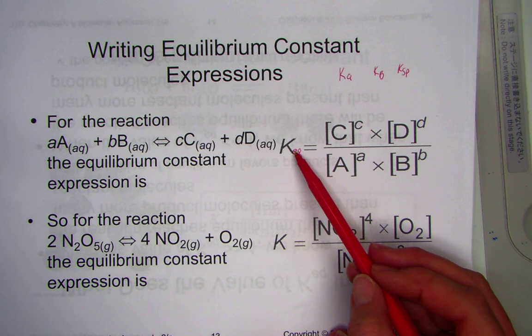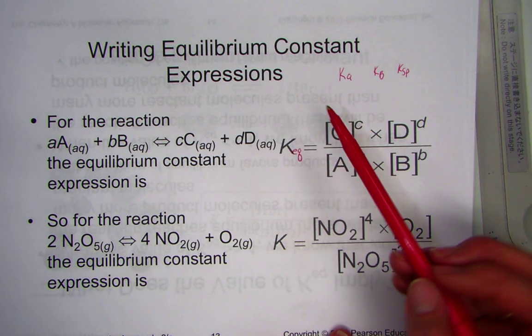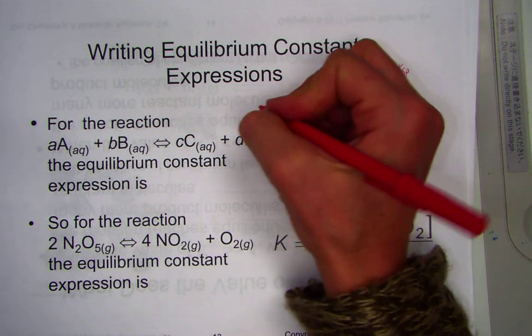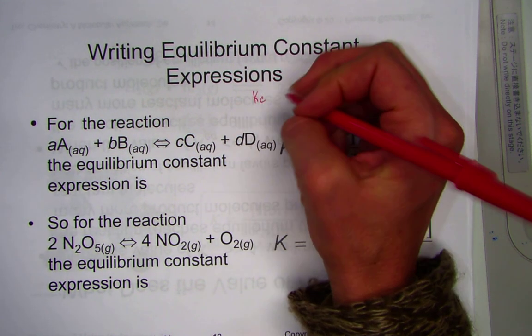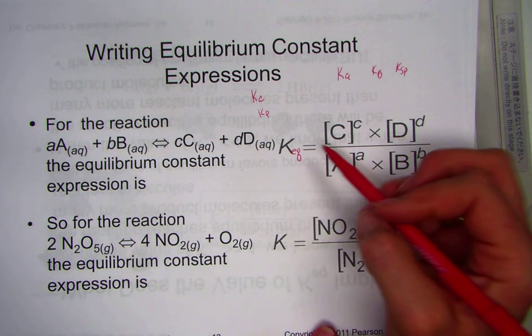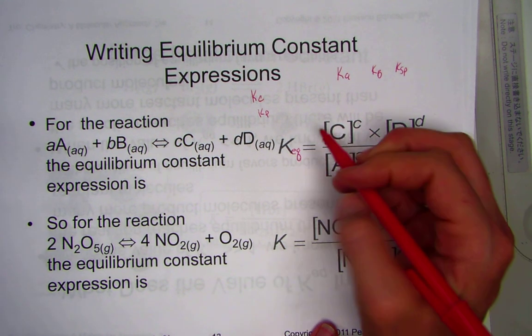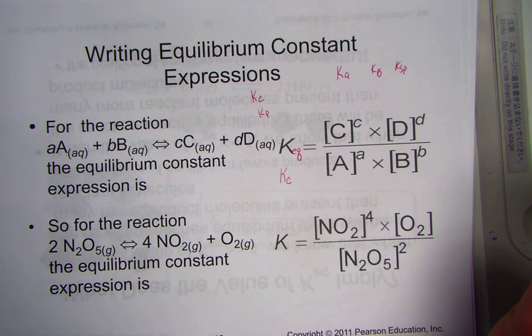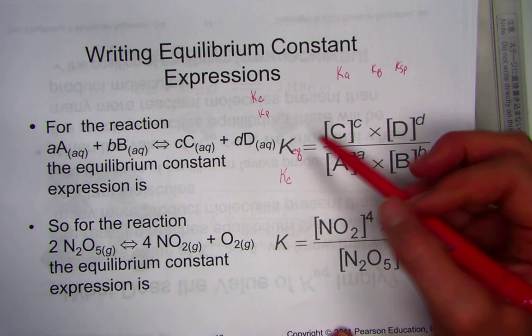KEQ, equilibrium constant, is a general way of writing any specific value here. We'll later talk about KC for concentration units, or KP if we're using atmospheres. So technically, since these are brackets, the correct term here is KC for concentration units known as molarity.